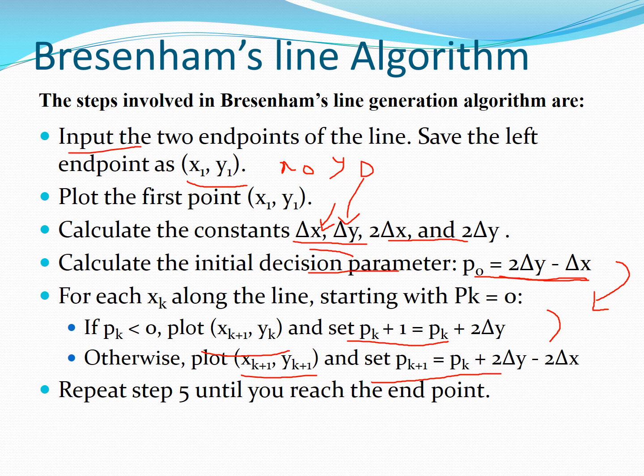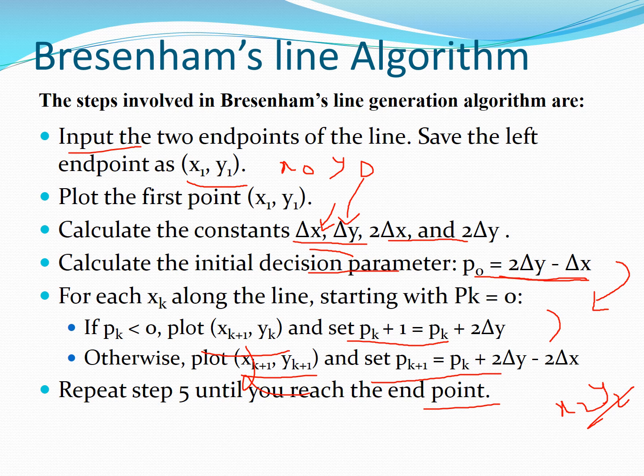The next Pk value is Pk+1 equals Pk plus 2 delta y minus 2 delta x. When do we stop? When we reach x2 and y2, the final pixel value of the line. When we reach the destination pixel, we stop. So this is the Bresenham algorithm to draw a line.